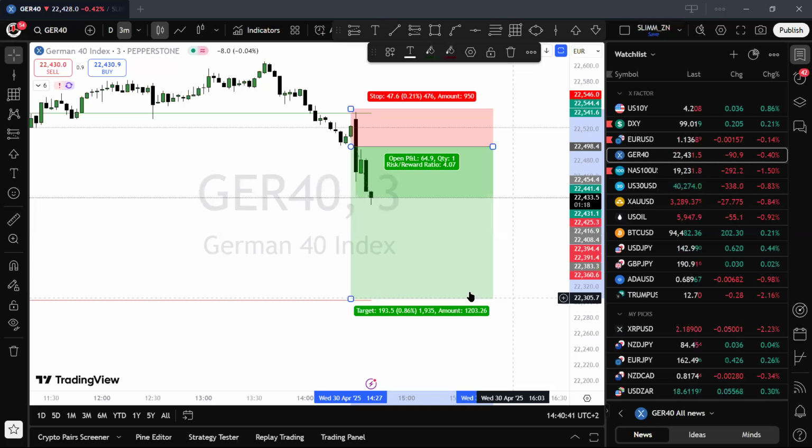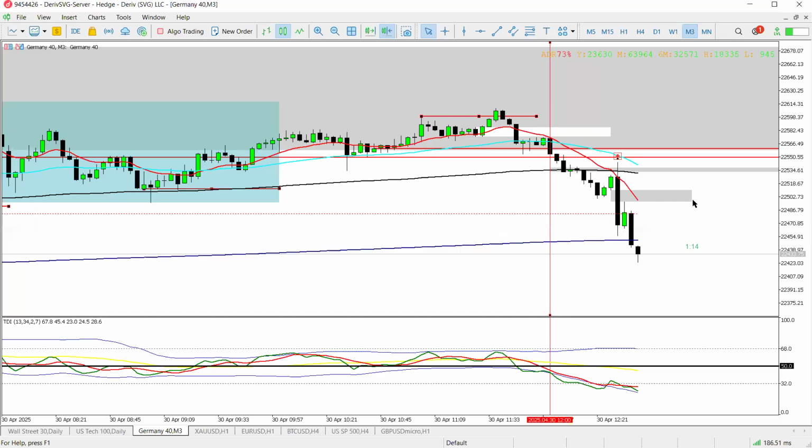So potential points of entry would still be this imbalance here, right there. That's a potential point of interest. Like when the stock market opens, we might get a deeper retracement.